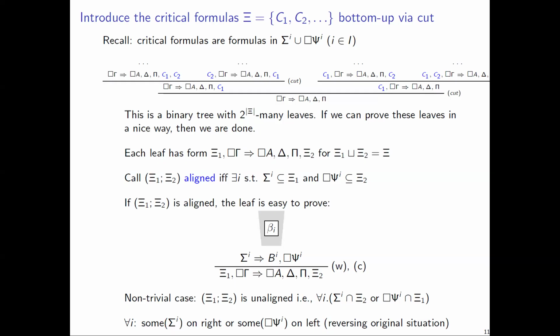So the interesting case is the other one, what we call non-aligned, which means that some left stuff has occurred on the right, and some right stuff has occurred on the left, right? How do we handle this case?